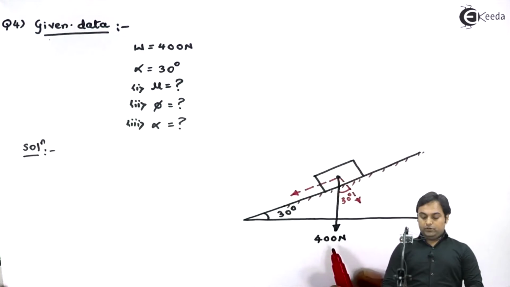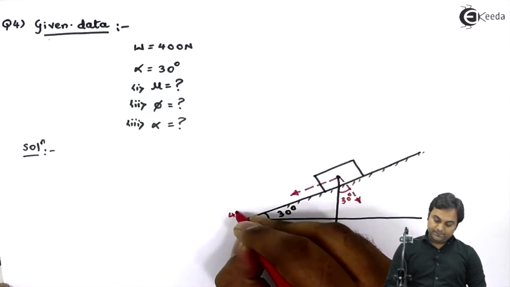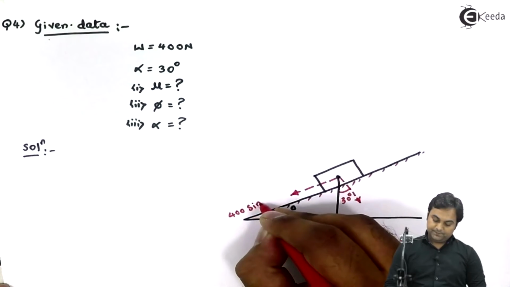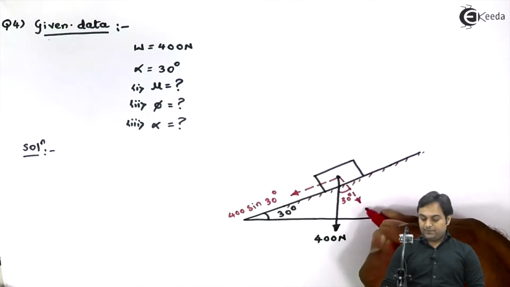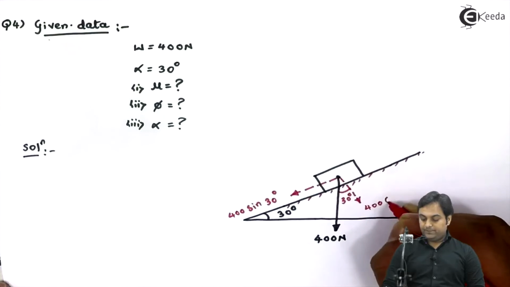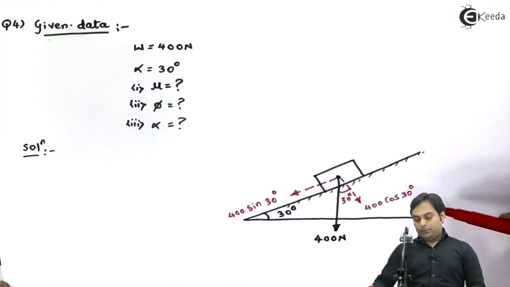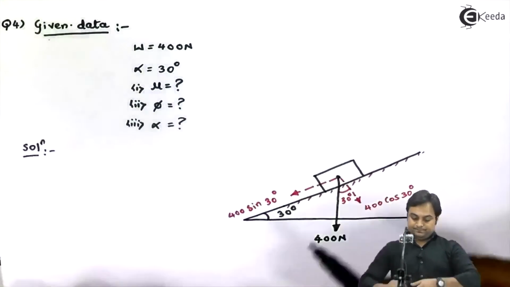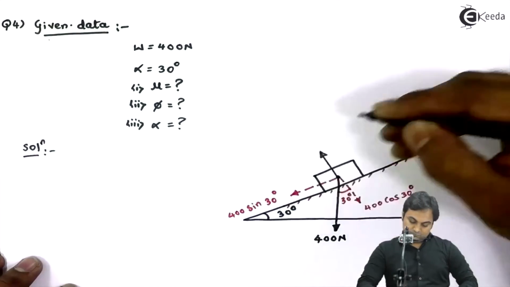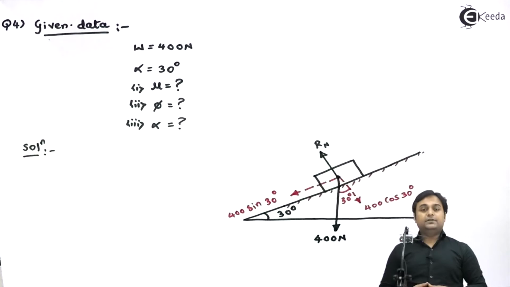The load component which is parallel to the plane, that would be 400 sine 30 degree, and the component which is perpendicular, that would be 400 cos 30 degree. Opposite to 400 cos 30 degree, there would be normal reaction. Next, here it is mentioned that the block is sliding down.